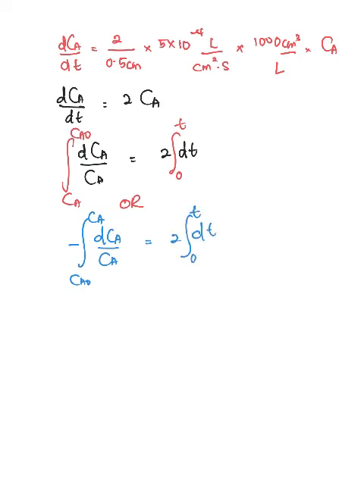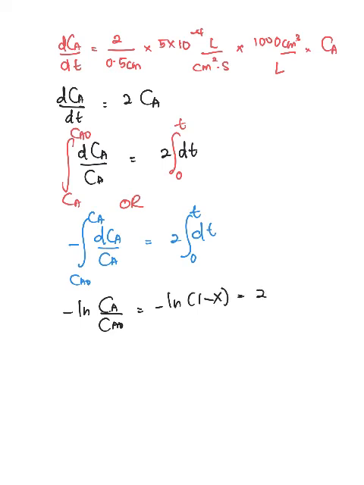Okay, then solve the integration. If I use the negative version, you will get negative ln Ca per Ca naught, also equal to ln Ca naught per Ca, so we can cancel out, ln 1 over 1 minus x equal to 2t.